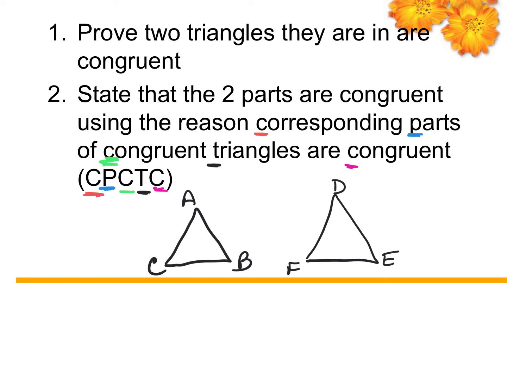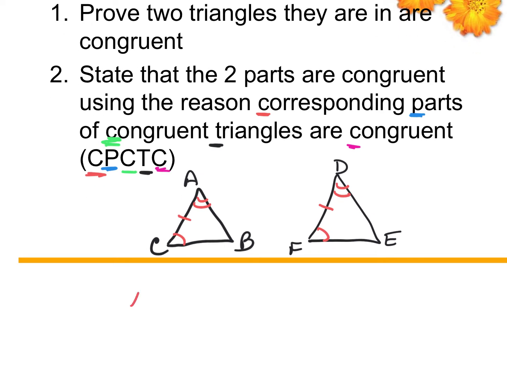I'm going to say that C is congruent to F and A is congruent to D. And I'm going to give you the side marked as congruent as well. So already I can see that triangle ABC is congruent to triangle DEF because of the angle, side, angle shortcut.